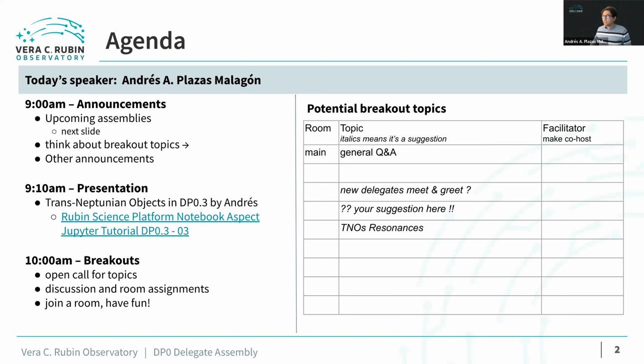Let me start with a few announcements as usual. First of all, we're going to have the talk, and then after this, we're going to have breakout rooms. Everybody is going to have the chance to work on whatever they want, but of course you can work on the topic of today, the notebook on Trans-Neptunian objects, and we'll be around to answer any general questions that you have regarding the notebook, and any questions you may have about DP0.3 or even DP0.2, the extragalactic simulation that we have for Rubin.